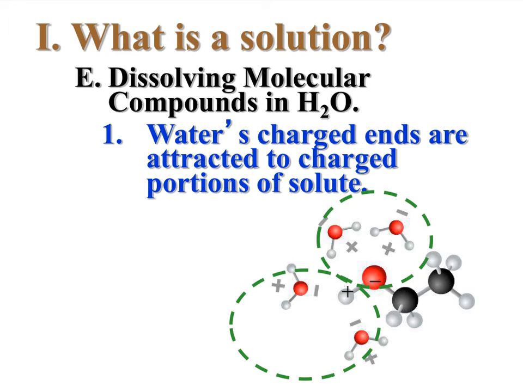Remember we just said Na is separated from Cl. That's because it's an ionic compound. This is a molecular compound. These bonds, remember, are 20 times stronger than the attraction between hydrogen and oxygen in hydrogen bonds. 20 times stronger. So these are not going to break as water comes around and pulls the molecule in. So it just pulls everything in with it.